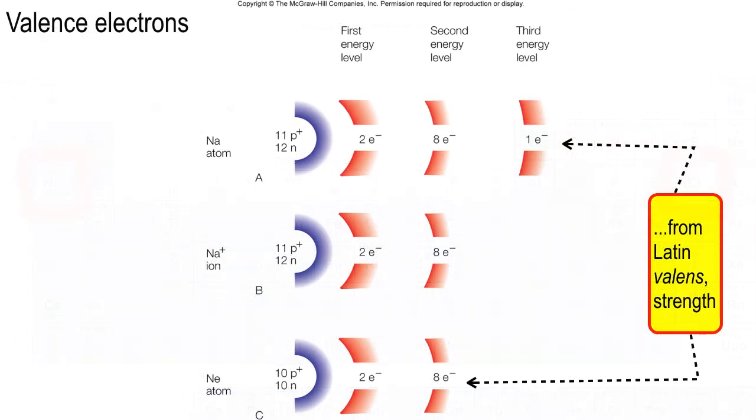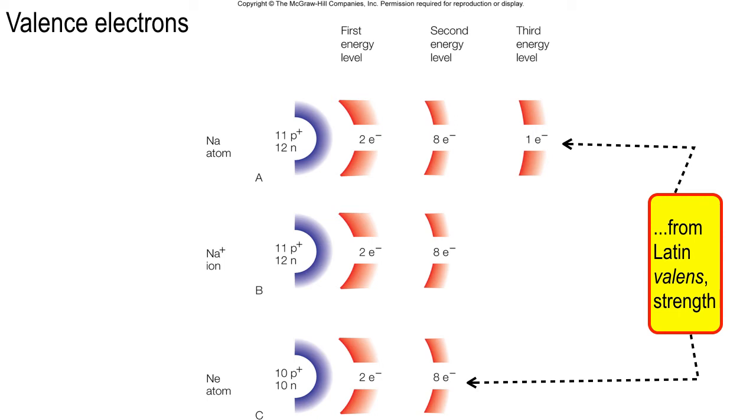So let's take a look at the valence electrons for sodium. Here's the sodium atom up here, all right? In n equals 1, the first energy level, it's got 2 electrons. Now I don't have the up and down arrows, but you could. The n equals 2 energy level has 8: the 2 with L equals 0, and the 6 with L equals 1.